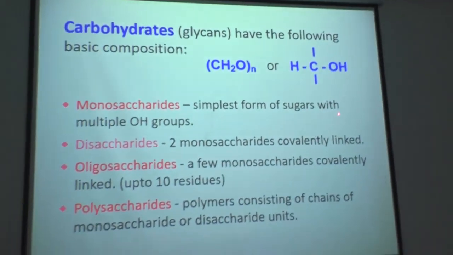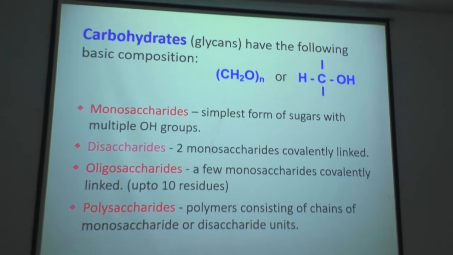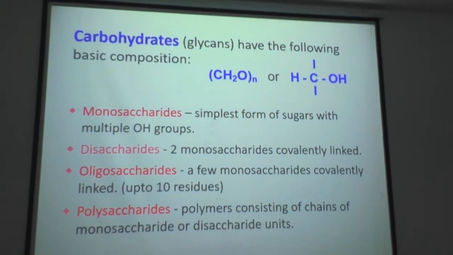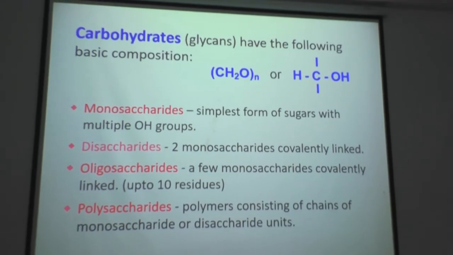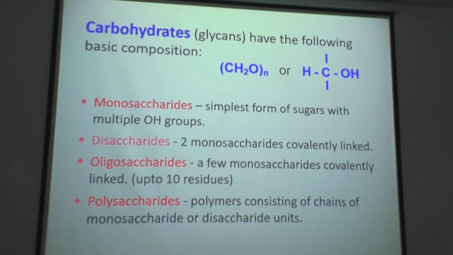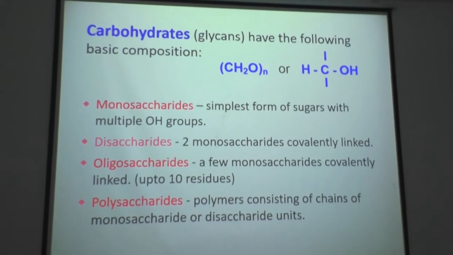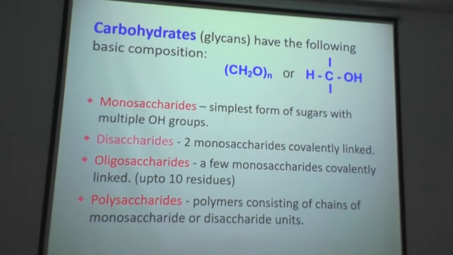Monosaccharide means the simplest form of sugar with multiple OH groups, which if you hydrolyze, will no longer be a carbohydrate. So this is the smallest sugar unit.